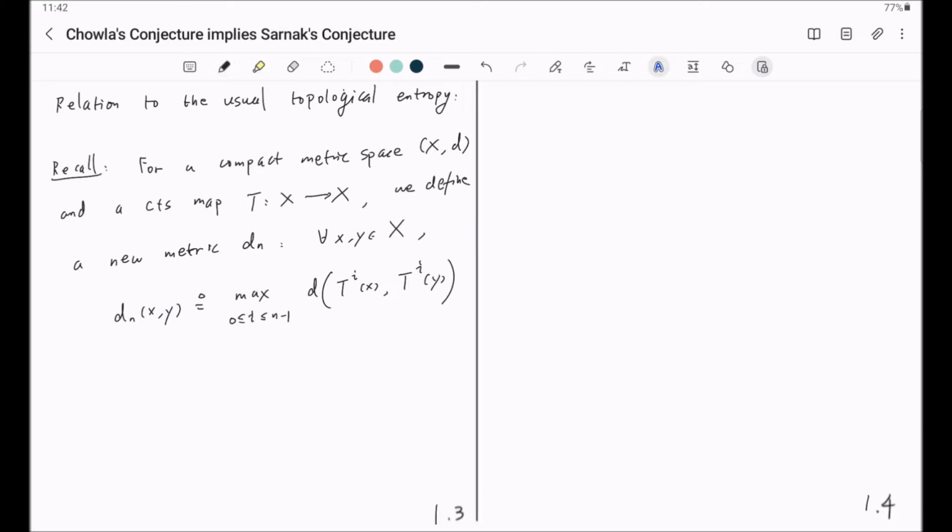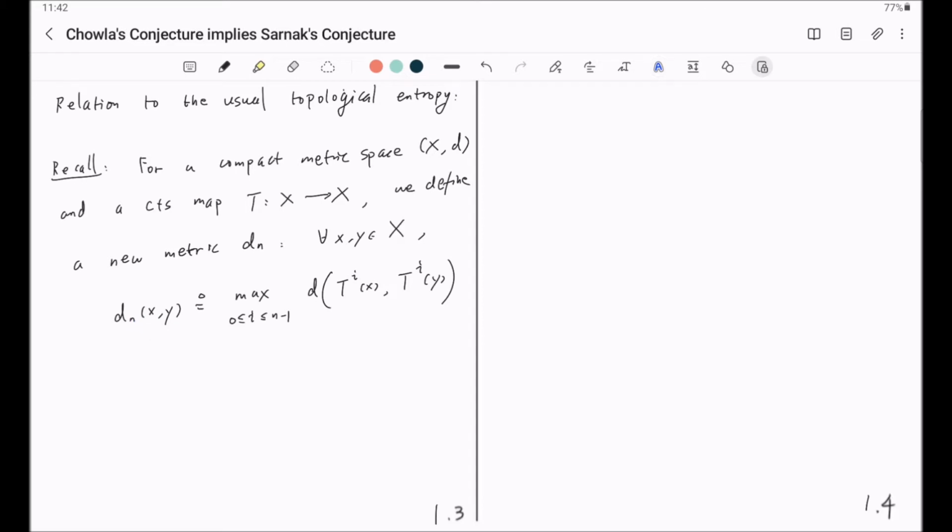So this metric measures the maximum distance between the orbit of x and the orbit of y under the action of T in the first n stages. The 0 stage is just x and y.